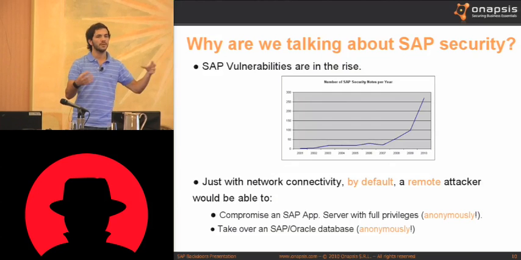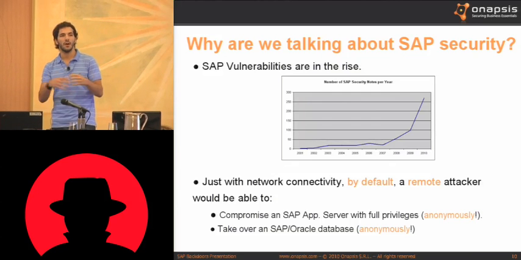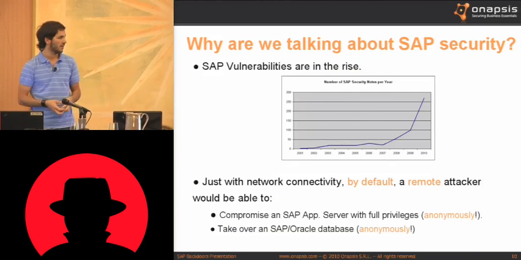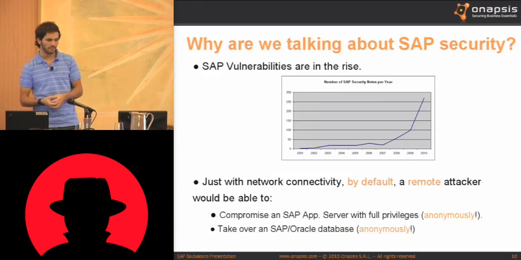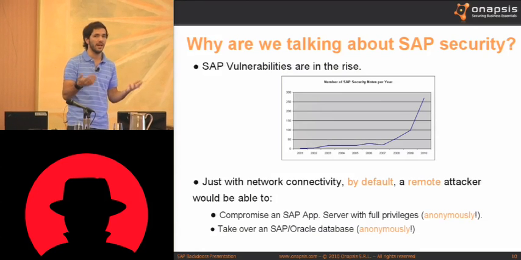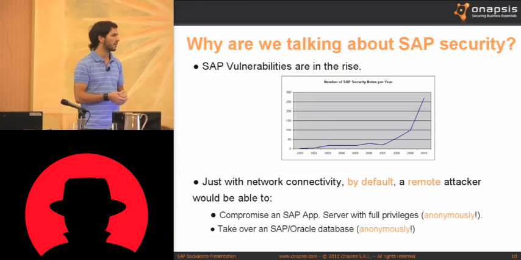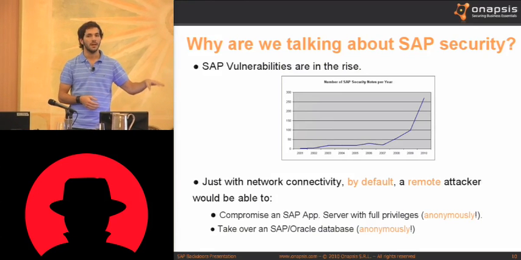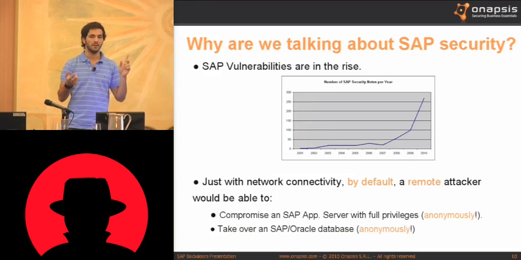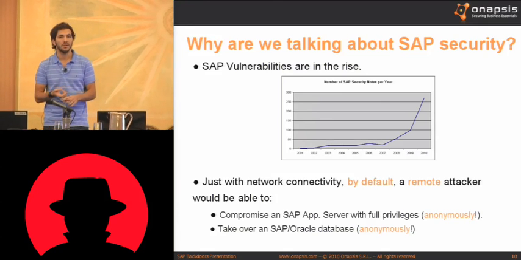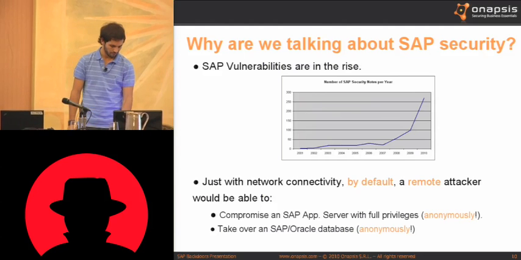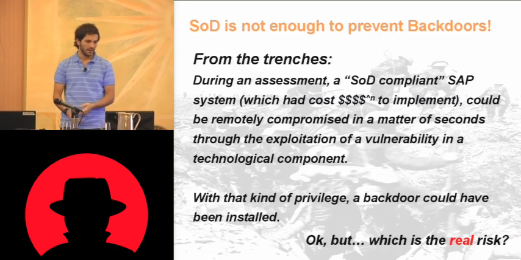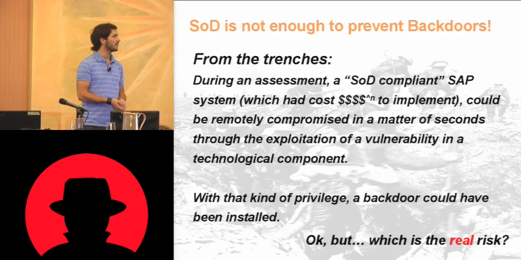It's also possible, due to some misconfigurations on SAP and Oracle installations, for an attacker to take complete control of an SAP Oracle database in pretty much any implementation running with default security settings. I'm talking about no authentication, no privileges, just anonymous and just getting network connectivity to the SAP server. So I think this also makes a point.